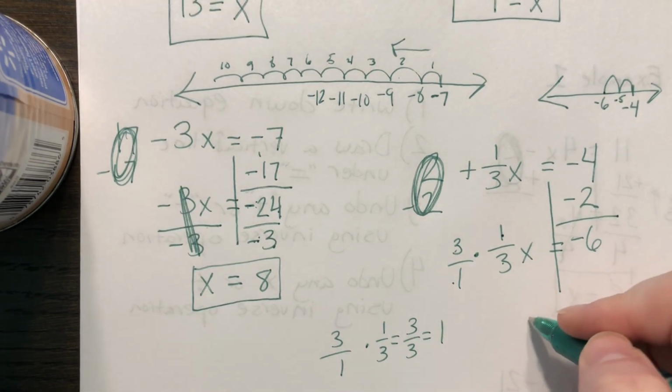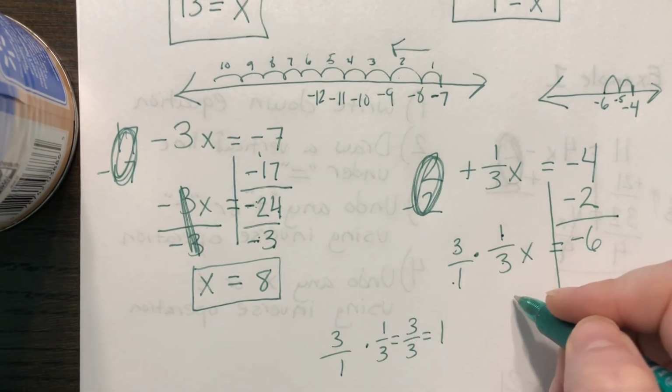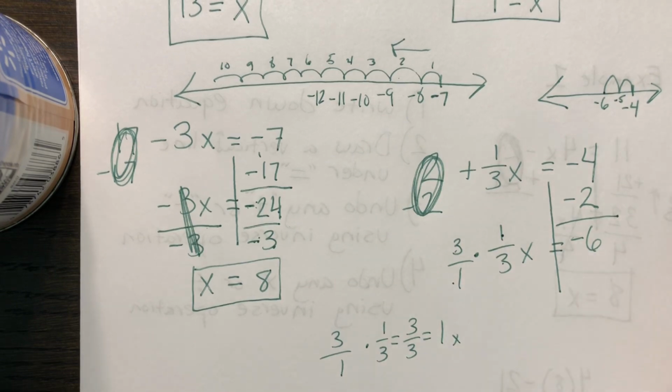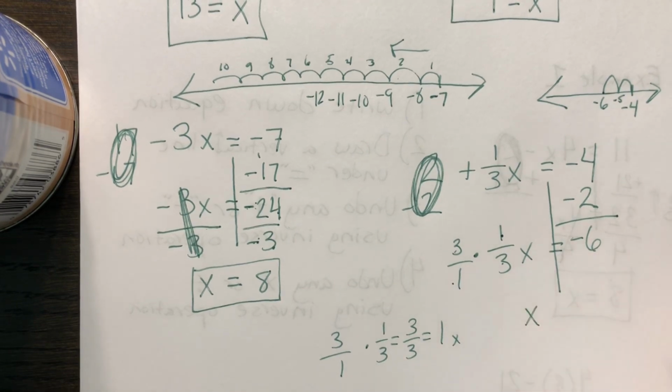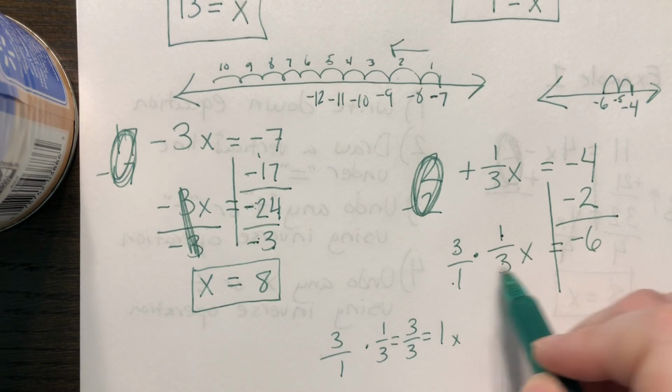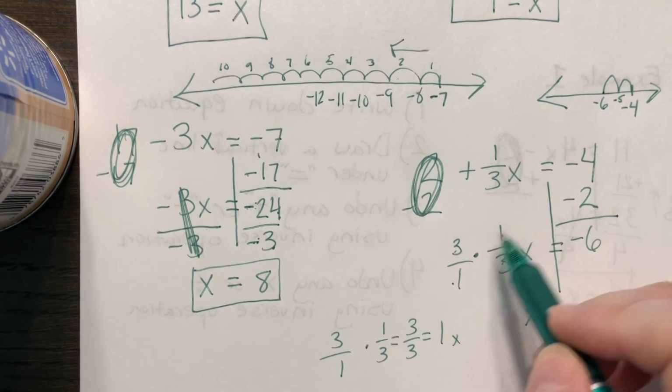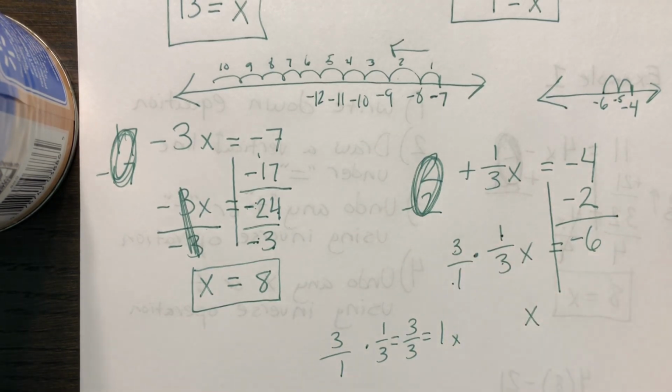So it's really just 1x. When you work it out, it just becomes 1x, which we don't ever put a 1 in front of, we just say x. So the inverse when it comes to fractions is you just flip it and multiply by the inverse of the fraction.